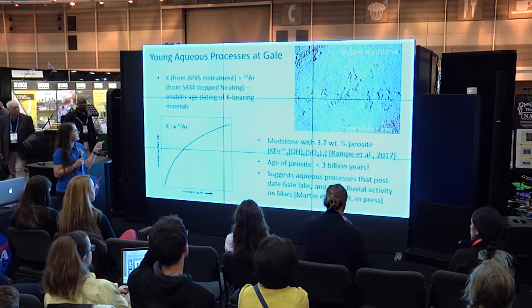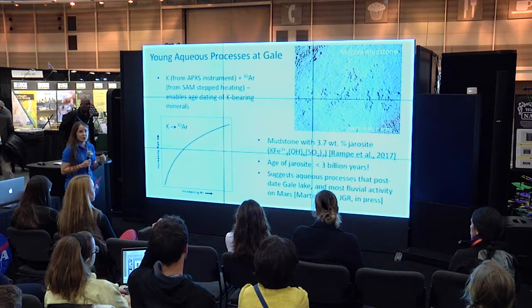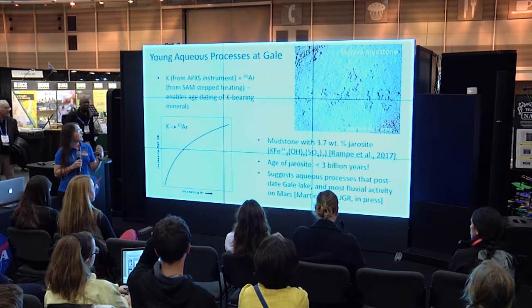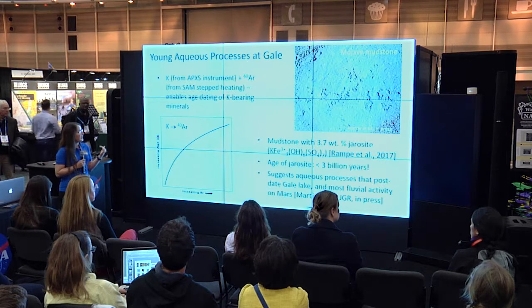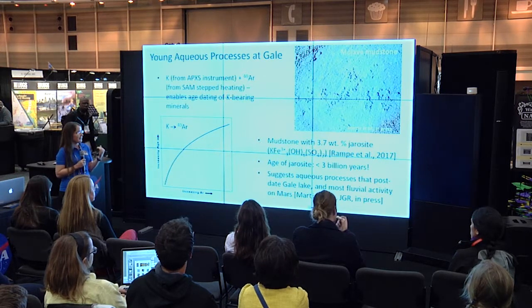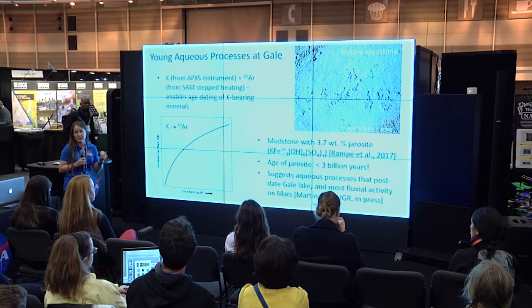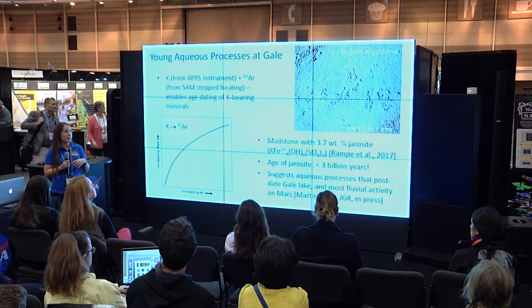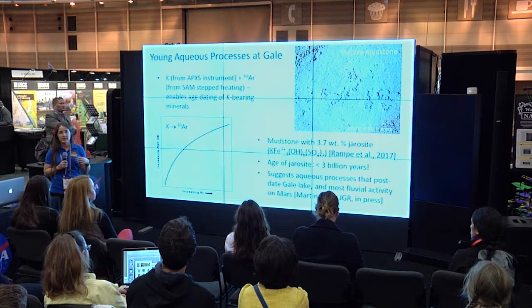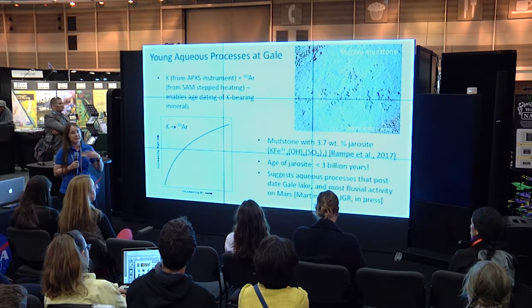So with Curiosity, we used the Curiosity APXS instrument to measure the amount of potassium and a stepped heating experiment to measure the amount of argon-40. And this enabled determination of the formation age of that jarosite. So in detail, this work requires understanding and consideration of all the other phases in the sample and the argon retentivity and things like that.